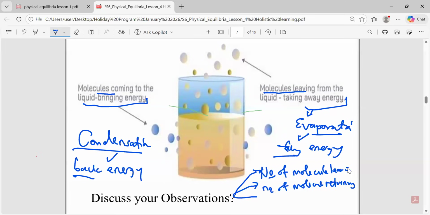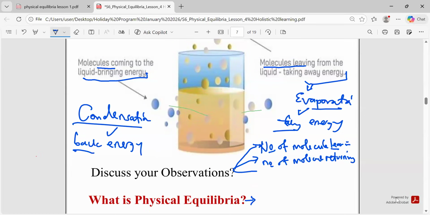I may not write it very well because of my space, but what I'm saying is the number of molecules leaving is equal to the number of molecules returning. What does it mean? It means that the amount of liquid remains constant. Then number two, the temperature also remains constant if the conditions don't change.